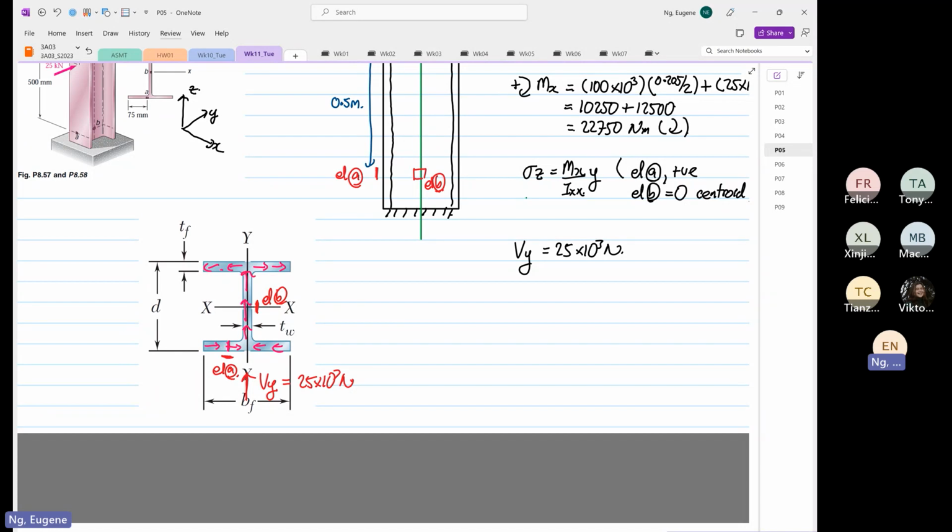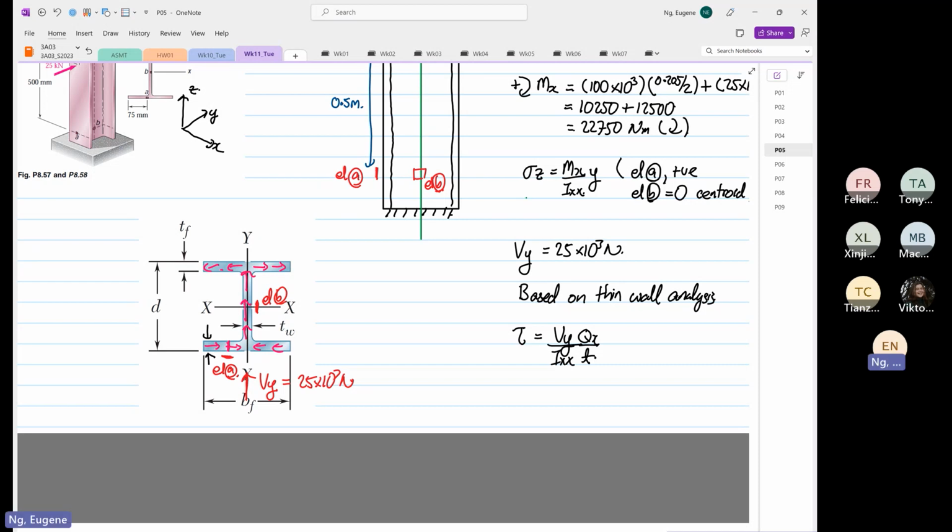So for this case, based on thin wall analysis, when we apply it, the shear stress is equal to Vy over Ixx, Qx, divided by T. So the thickness over here, we know that this is the thickness, right?